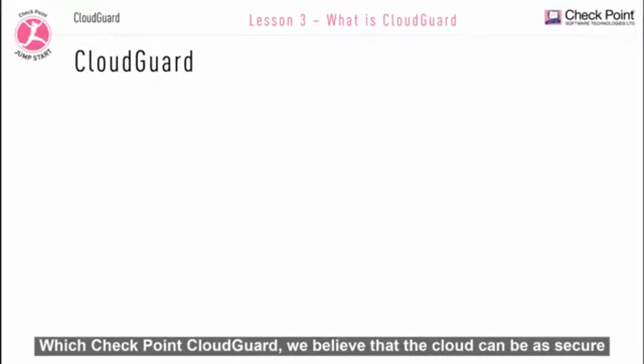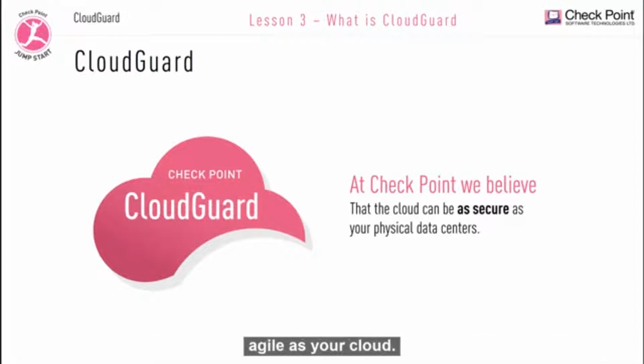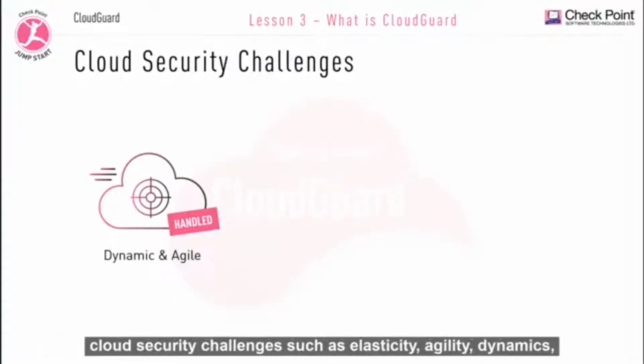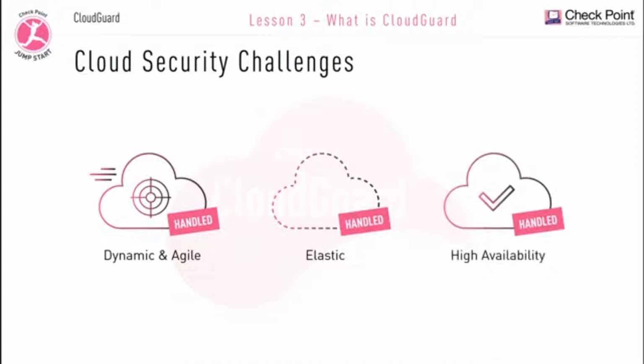With Checkpoint CloudGuard, we believe that the cloud can be as secure as your physical data centers, and cloud security can be as dynamic and agile as your cloud. In addition, Checkpoint Cloud Security has been adapted to handle many cloud security challenges, such as elasticity, agility, dynamics, high availability, and other cloud challenges.